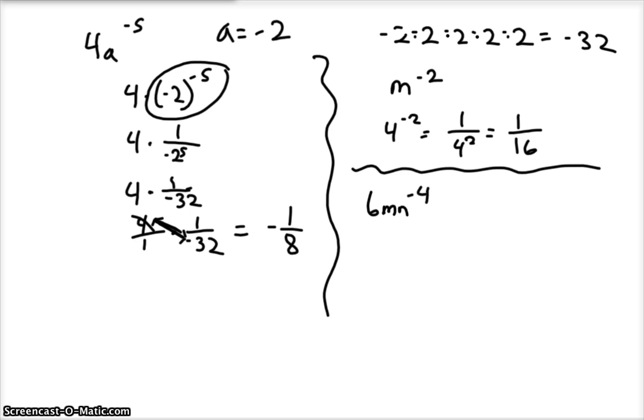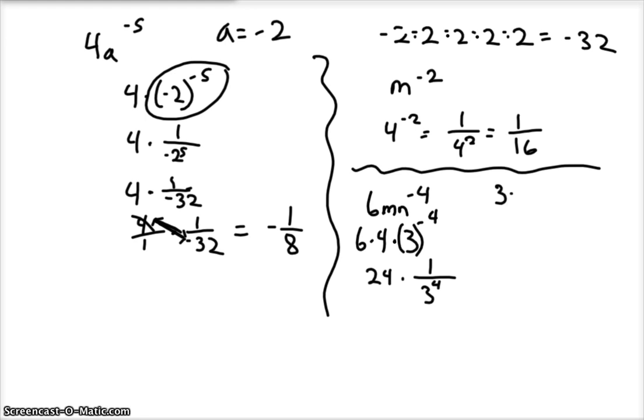And we know that, let's see, 4 and 3. So I'm going to just write this out. So we have 6 times 4 times 3. Remember, this is the one with the negative exponent. So I'm going to have 6 times 4 is 24 times 1 over 3 to the 4th power.